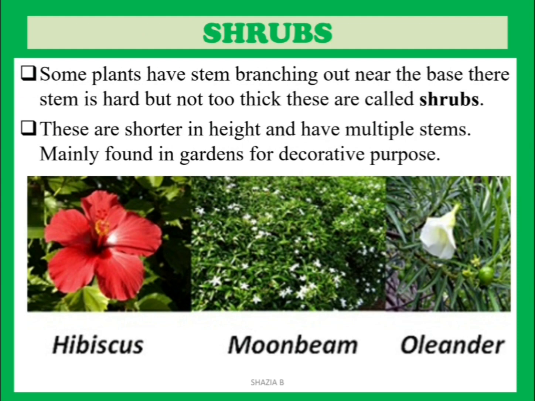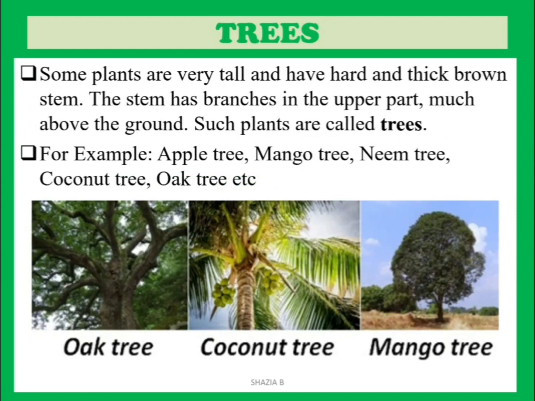The third type of plants based on their size is trees. Trees are plants that are very tall. We can imagine them ourselves. They are very tall and their stem is very strong and very thick, and is usually brown in color.